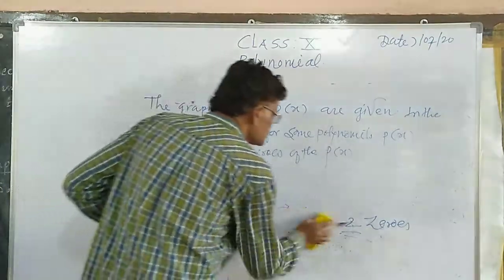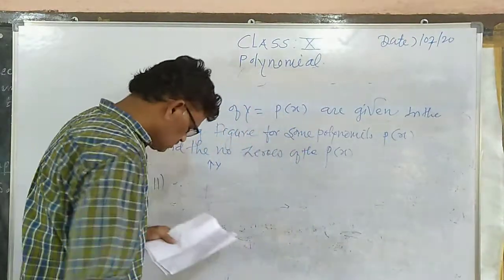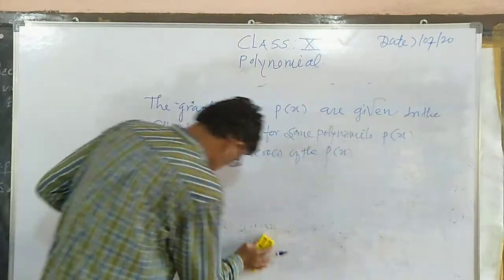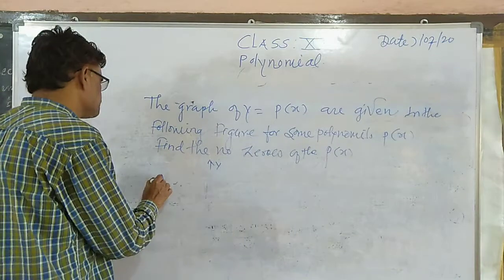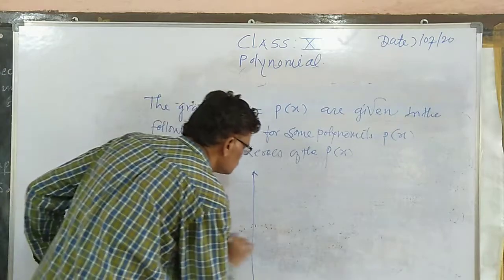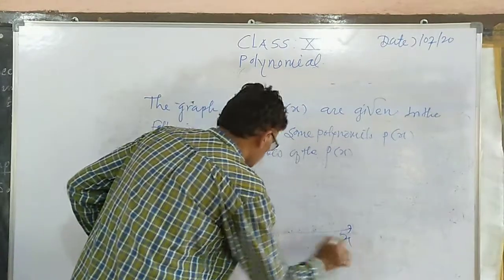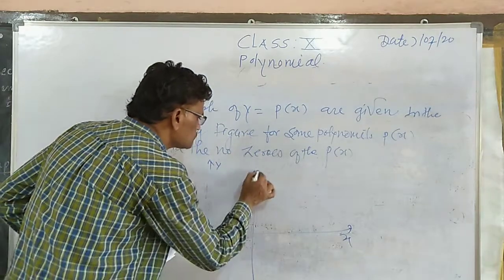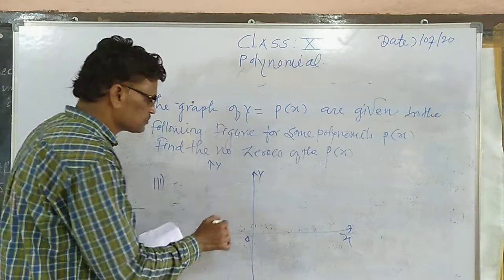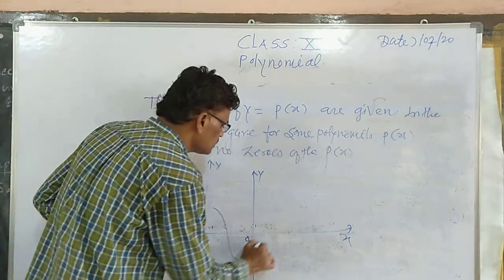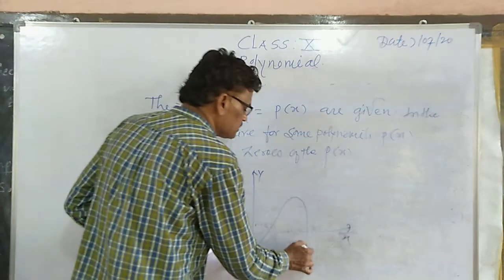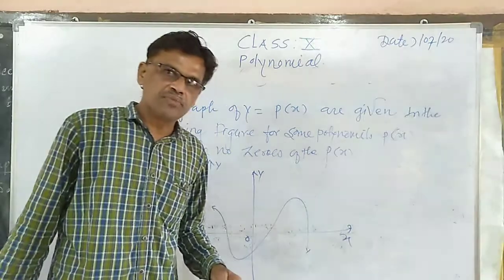Next one, we will see here. The third one is x and x dash, y dash, origin, and this line of polynomial p of x.